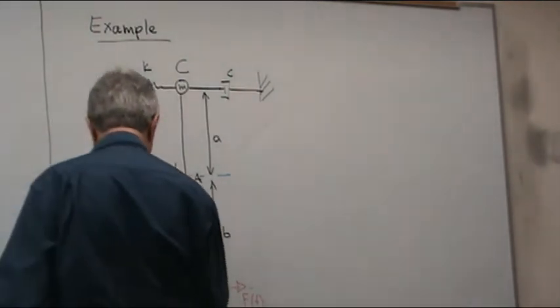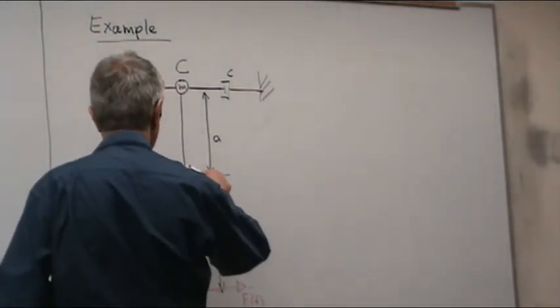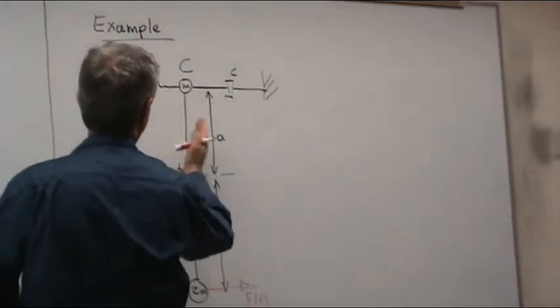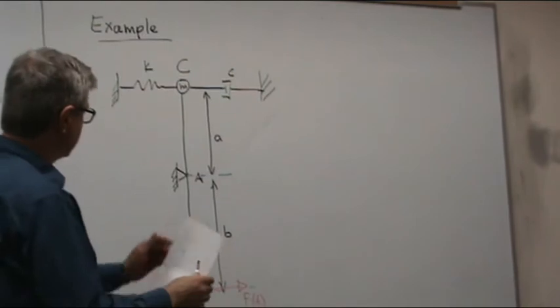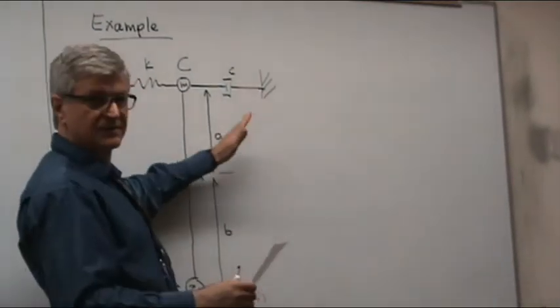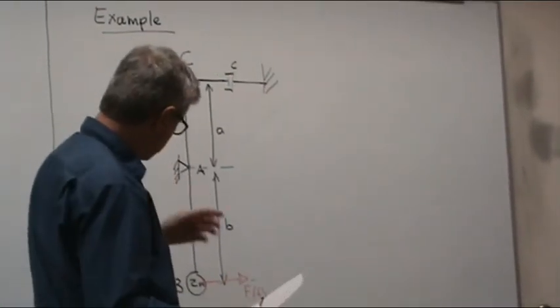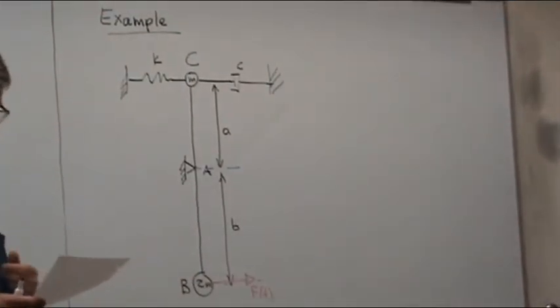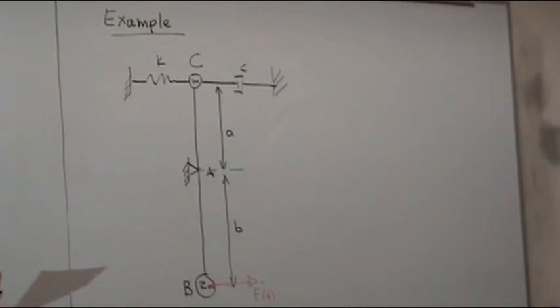So this is a pivot point here, and the rod will oscillate back and forth, okay? And because of this force, you want to find the equation of motion.